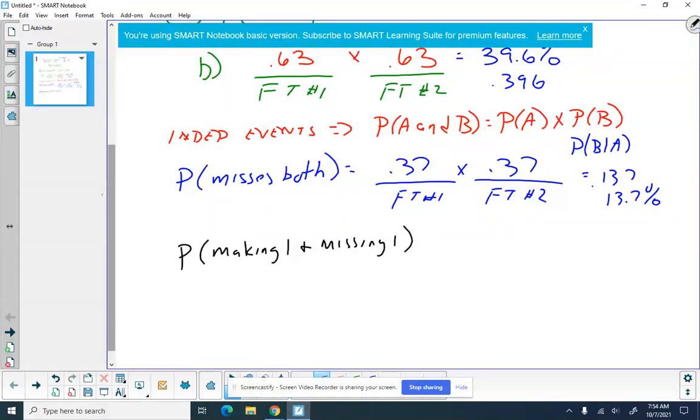What's the probability of making one and missing one? What's your probability of making one and then missing one?